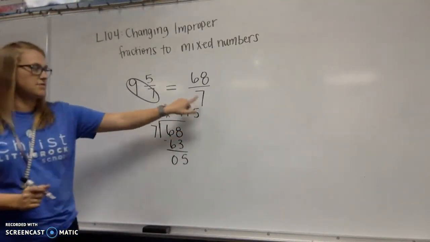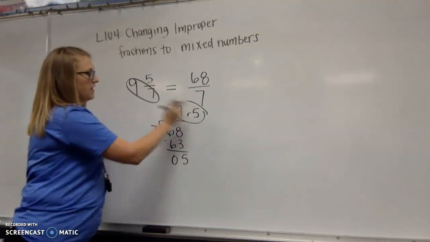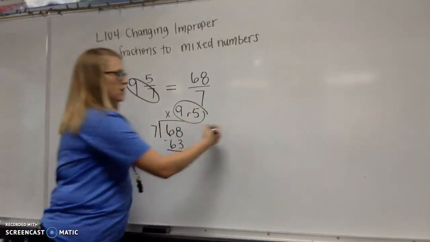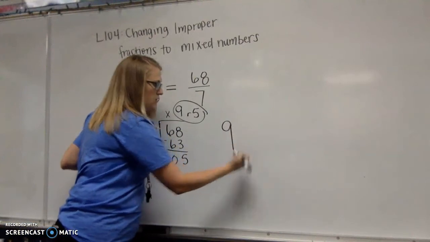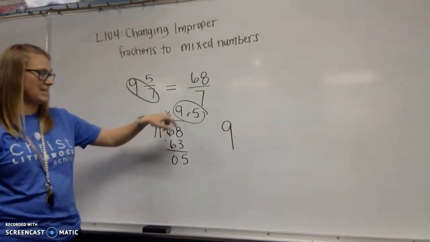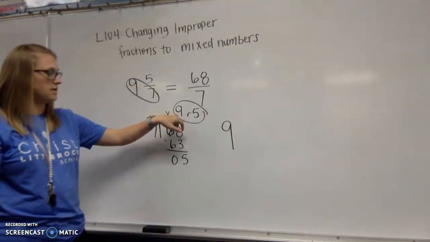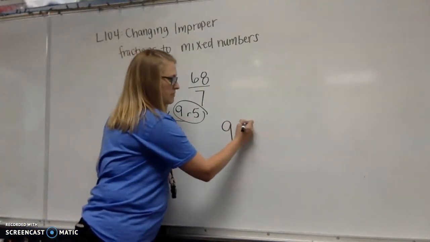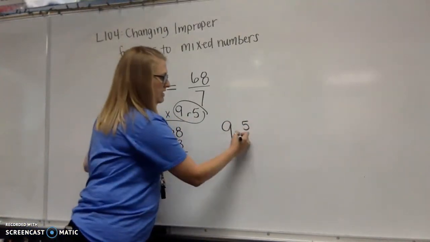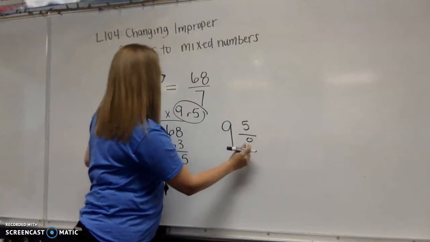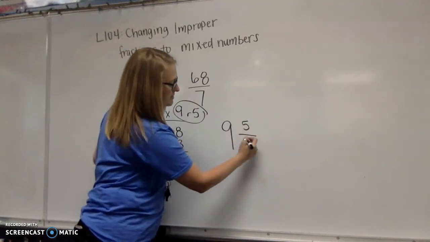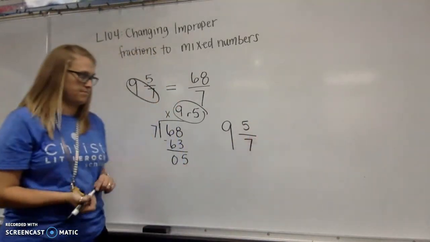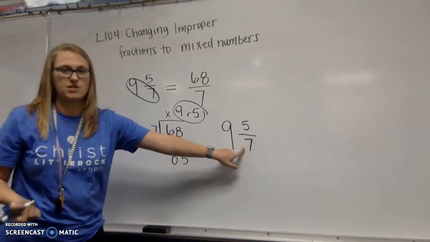So if I take this information and turn it into a fraction, I have 9 wholes. 7 can go into it 9 whole times, and then my remainder becomes my numerator, and 5 times out of, oops, I almost wrote 8, 5 times out of 7, because our denominator is never going to change.